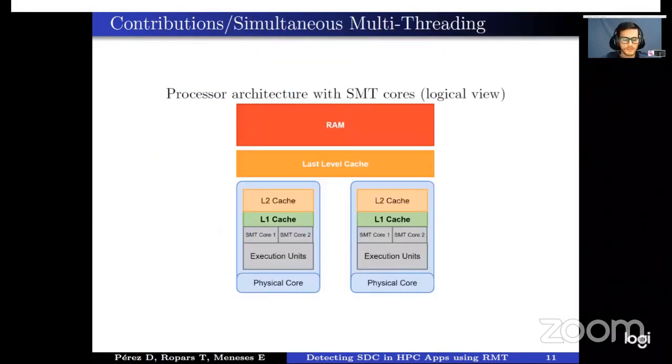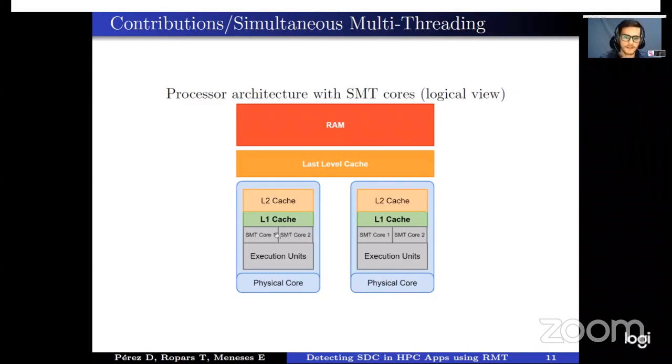One of the optimizations that we propose is to leverage simultaneous multithreading. Hyperthreading is the Intel implementation of simultaneous multithreading, and what simultaneous multithreading means is that a single physical core appears to have two or more logical cores.